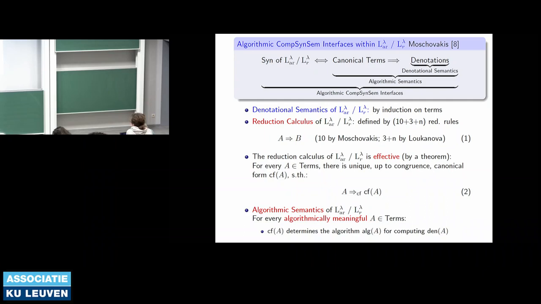There are 3 congruence relations. So these 3 are completely new by me, plus some more. And this reduction calculus, this system of rules, reduces every term in this type theory to its canonical form.